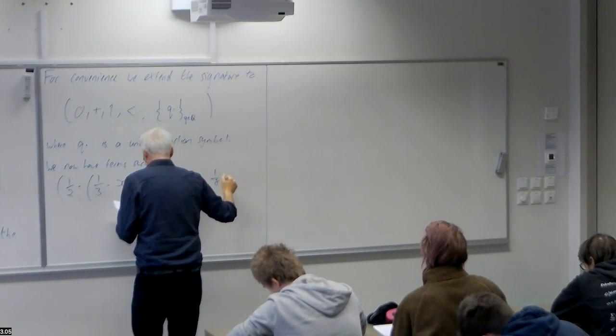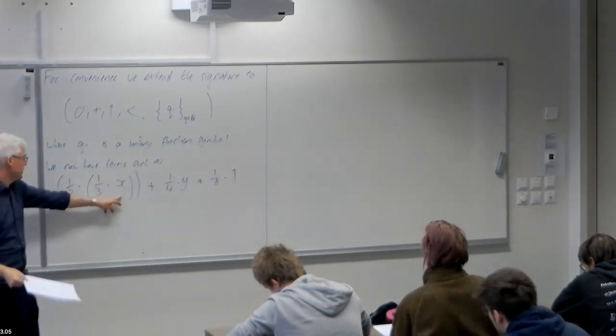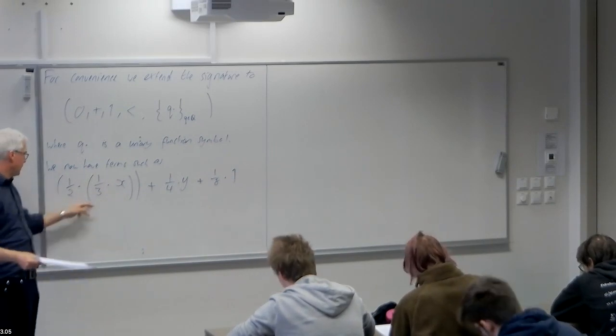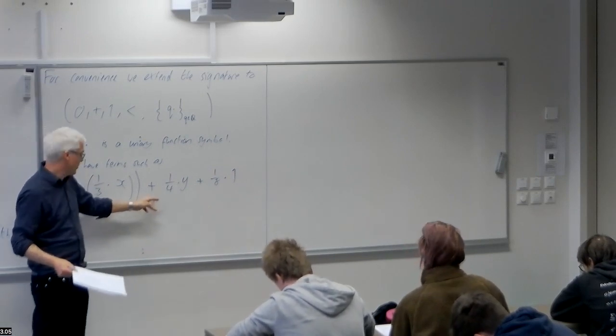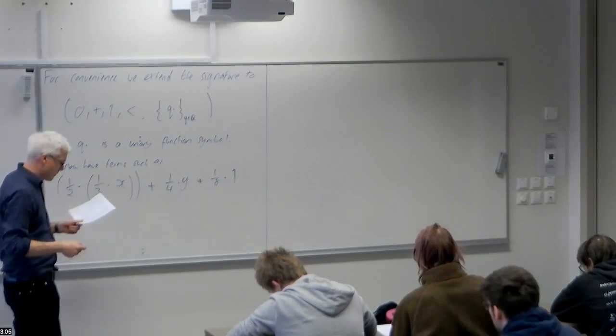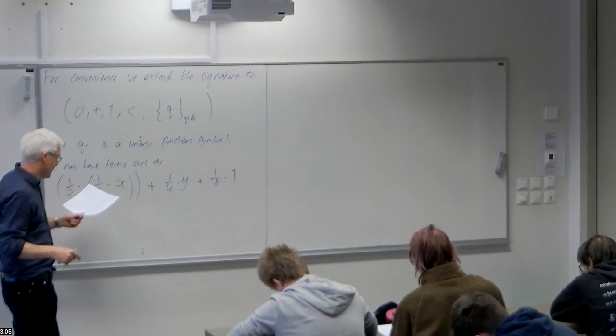So notice the notation I'm using. Here I've applied the 1/3 dot function symbol to x, and then I've applied the half dot function symbol to that. I'm adding those two things together using the plus binary function symbol. I'm not saying how I'm bracketing it, but never mind, because we know plus is associative in our model.